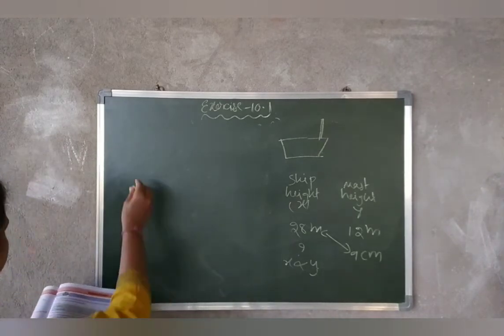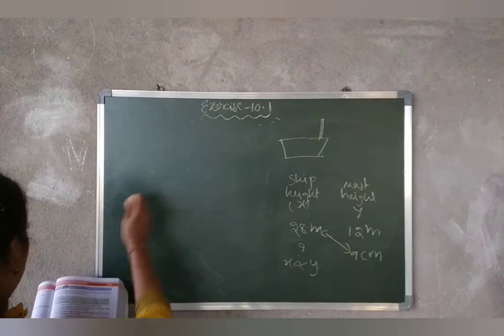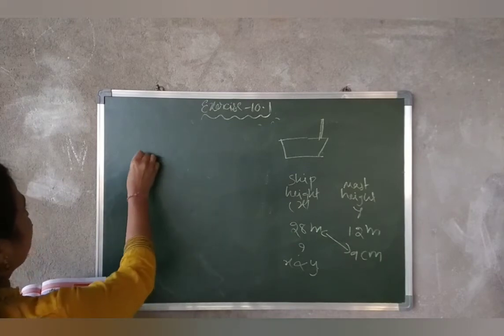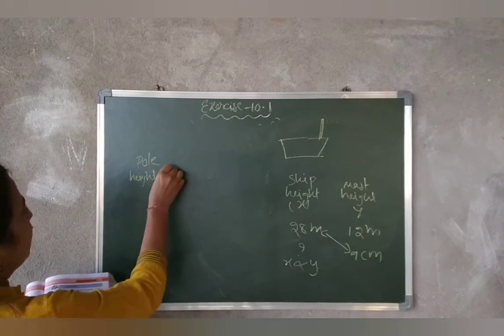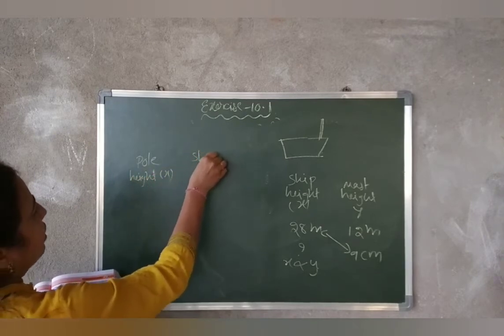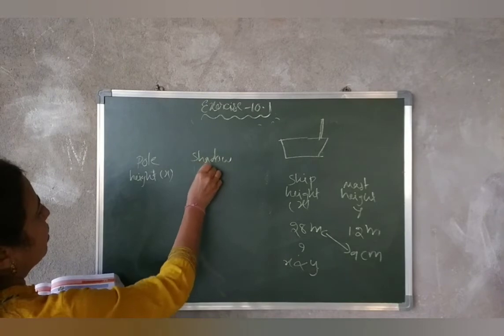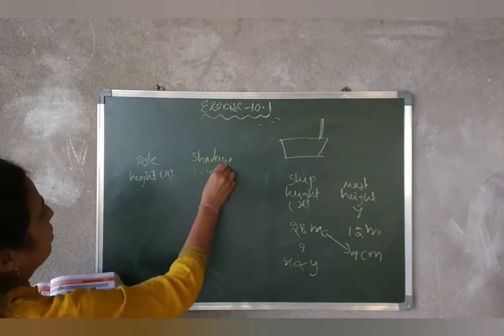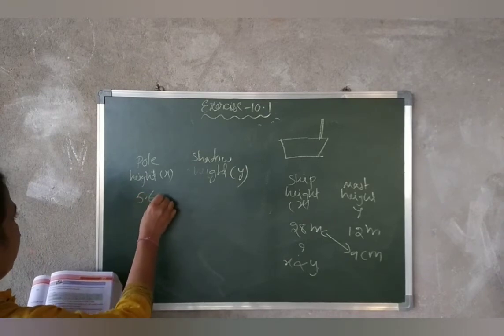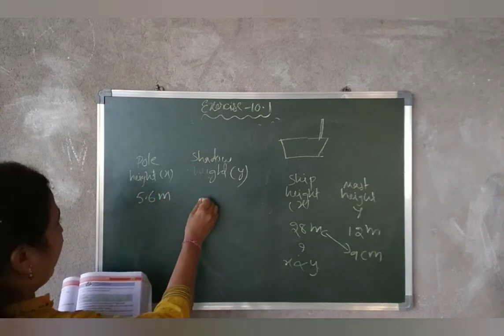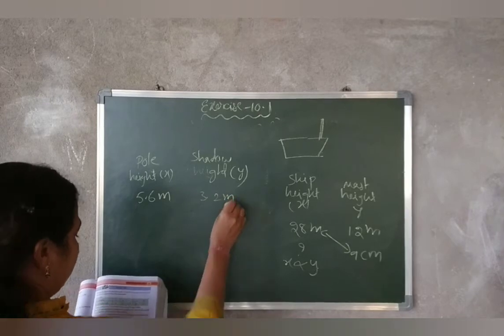First one, what is this? Pole height, X, and its shadow height, Y. The pole height is first given as 5.6 meters and the shadow height is 3.2 meters.